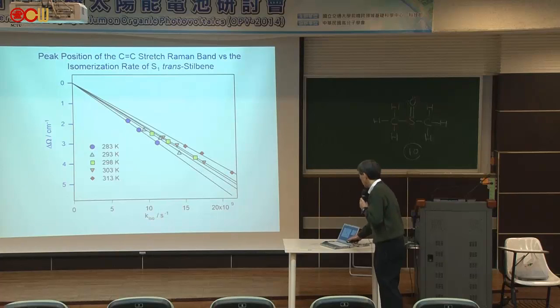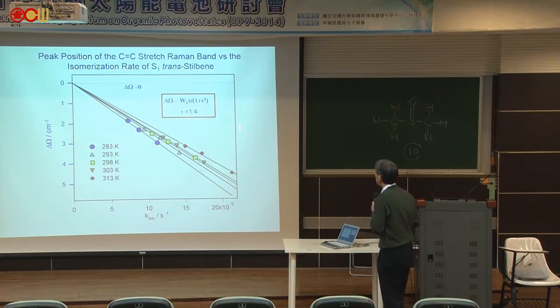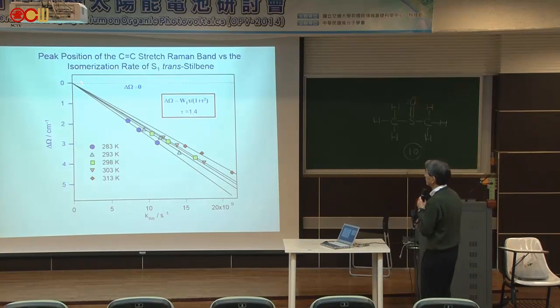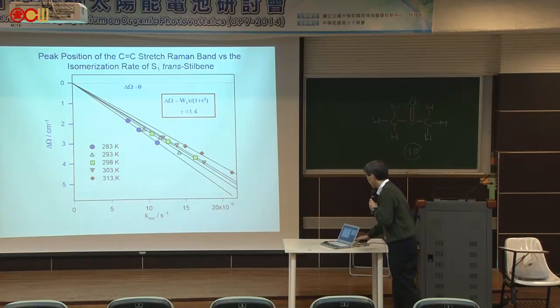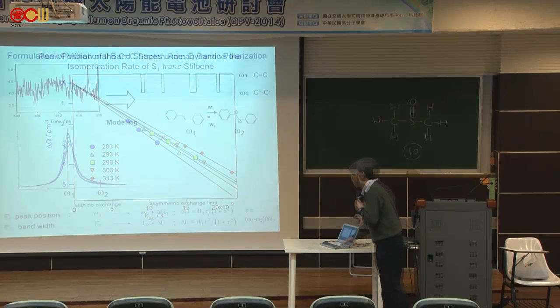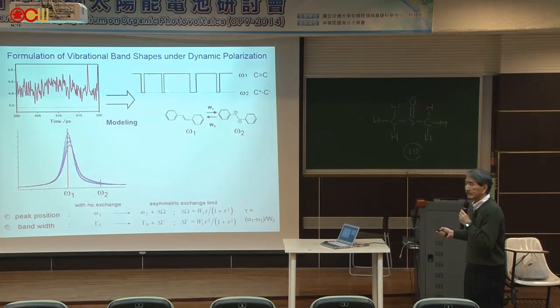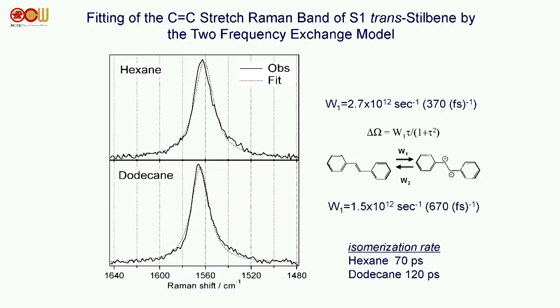And eventually, using this tau equal to 1.4, we can convert this peak shift to W1. Actually, W1 is the rate for a double bond polarized into a single bond, so how many times it occurs.